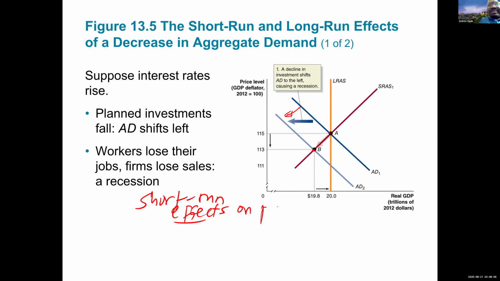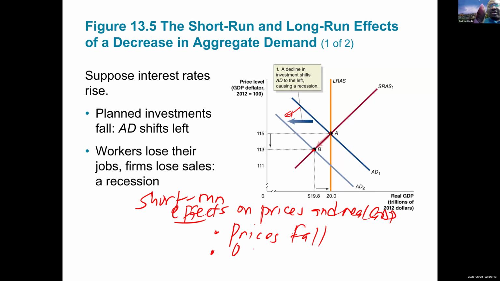On prices and real GDP, a negative demand shock, like when the aggregate demand curve shifts to the left, is going to cause prices to fall. See that? Prices fall in the short run, and output falls as well. When I say output, I mean real GDP.